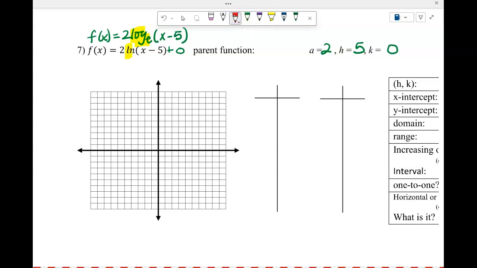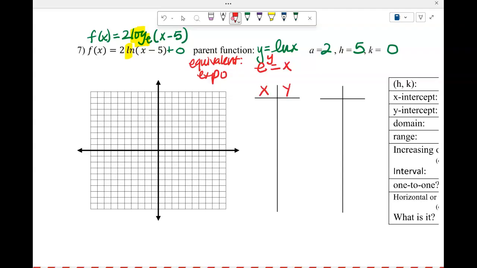Now your parent function, because your base is e, is y equals natural log of x. And this will give us an equivalent exponential equation, okay? e to the y equals x.